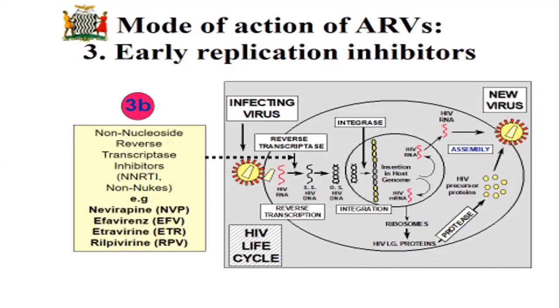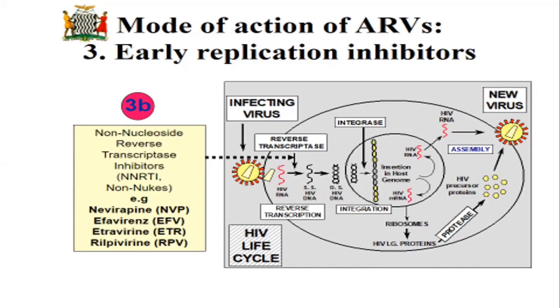This is not very different from the first one, the nucleoside reverse transcriptase inhibitor. But here, this drug does not get involved with the nucleoside, which is the HIV RNA here. It just specifically blocks the reverse transcriptase.